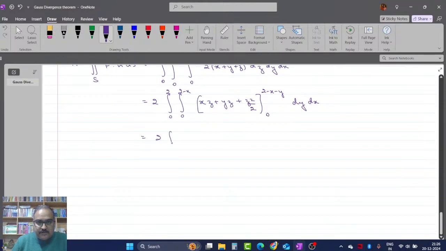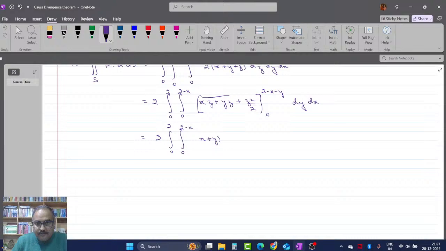So it will be 2 times the integral 0 to 2, 0 to 2 minus x. Now here z is common, so I can take x plus y common into z plus z square by 2, 0 to 2 minus x minus y, into dy and dx. I think it is clear to everyone till this step.